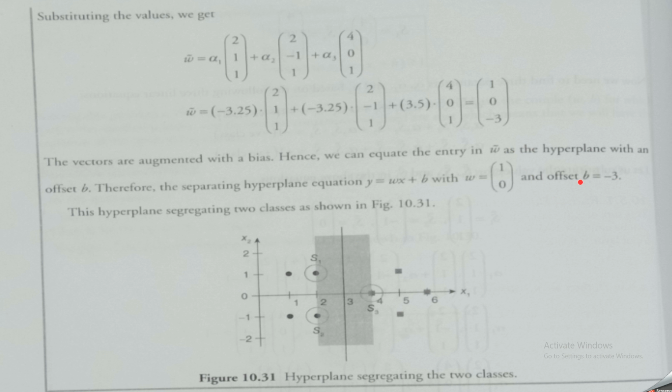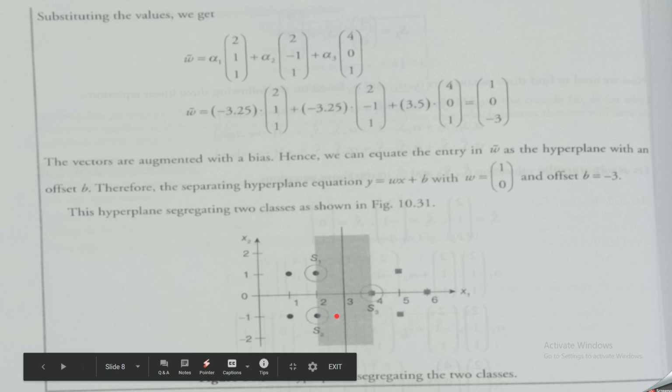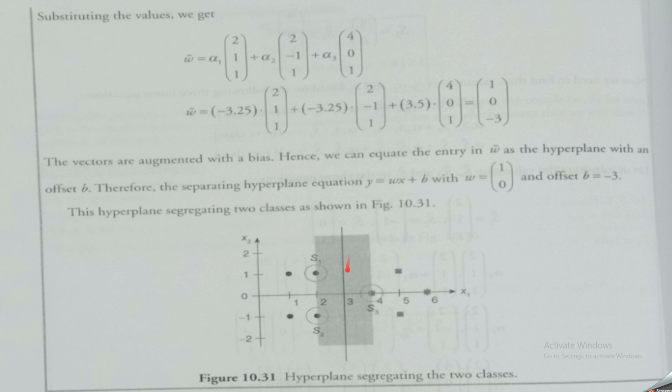If you bring the 3 to the left hand side, it is nothing but x plus 3 is equal to 0. Students, keep one point in mind. When w is equal to (1, 0), you always draw the optimal hyperplane perpendicular to your x-axis, or parallel to your y-axis.